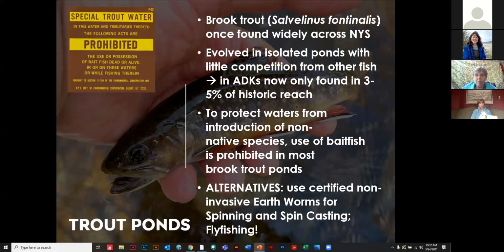And so because brook trout are so incredibly non-competitive and so incredibly out-competed by other fish, it's really, really vital. It's not only vital, it's law, to protect waters from the introduction of non-native species. The use of live bait fish is prohibited in most brook trout ponds.